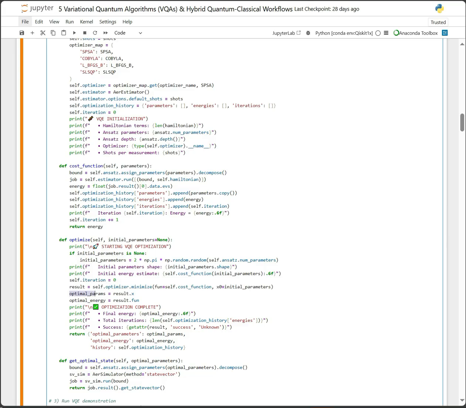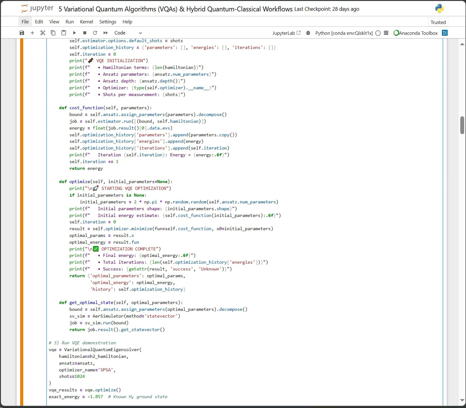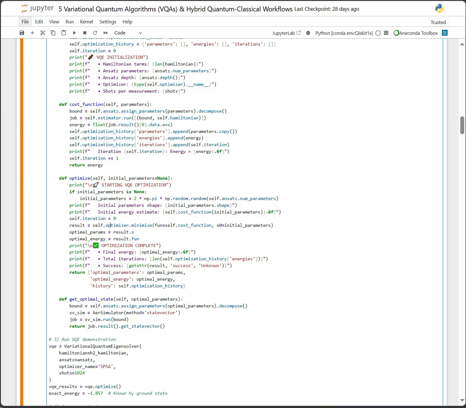The optimal parameters are going to give us the optimal energy, which comes from fun, the method from the result in this optimizer. Remember, we have this as the minimization of the energy of the system. And fun is the cost function that we defined previously.